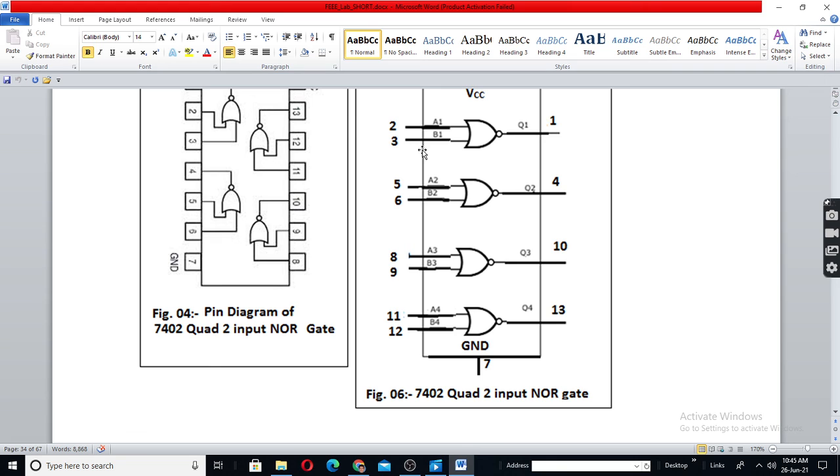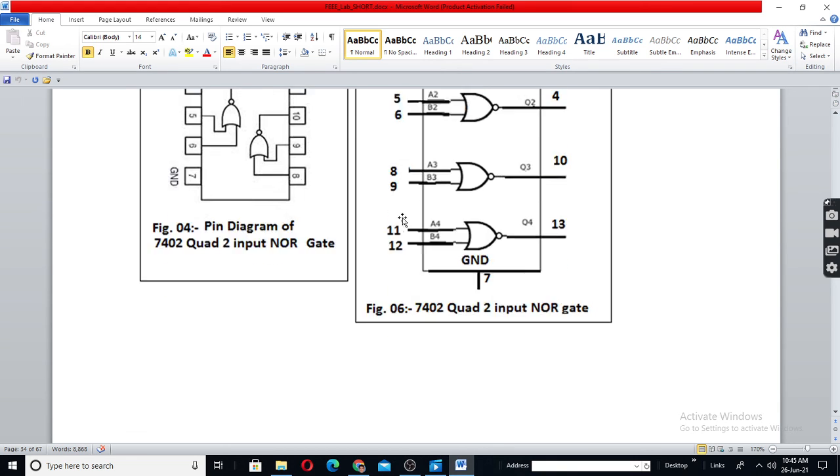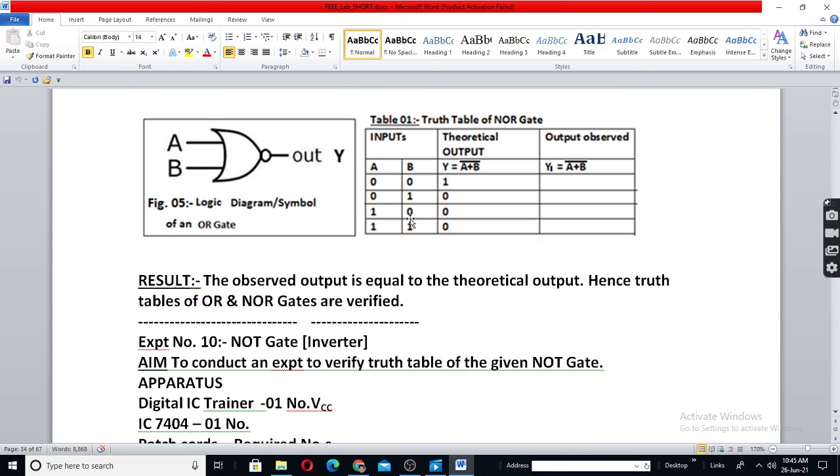All the previous gates are also quad 2-input gates. Since it is NOT of OR, to the A plus B symbol, we have a bar. A bar is placed.